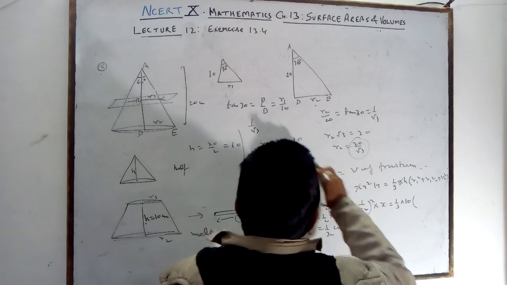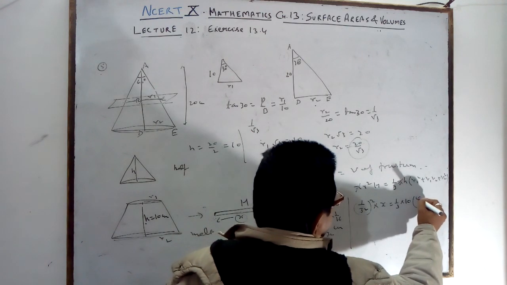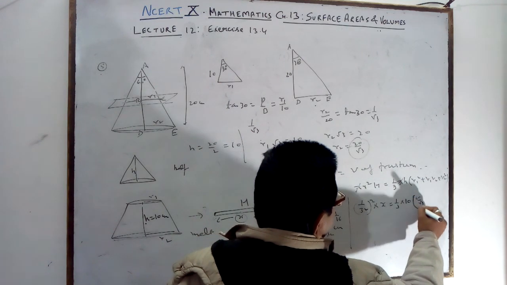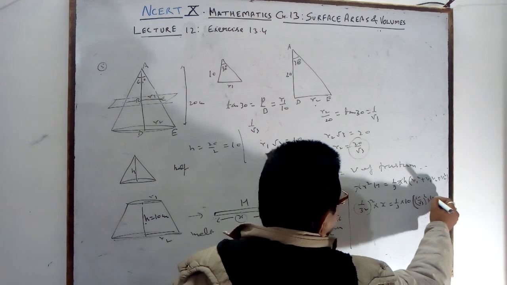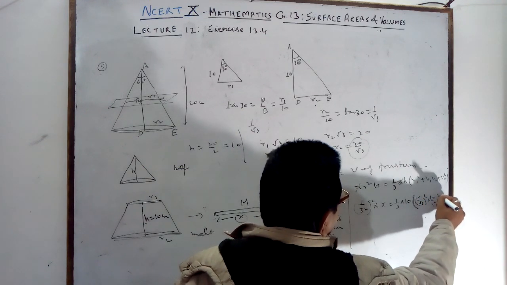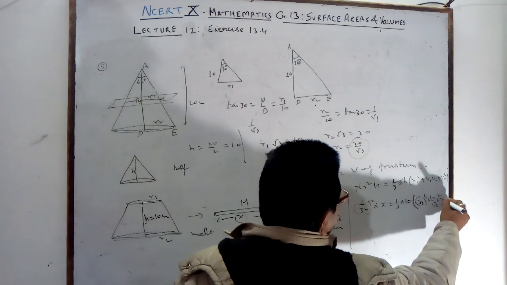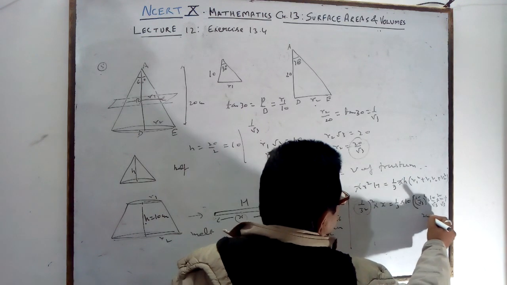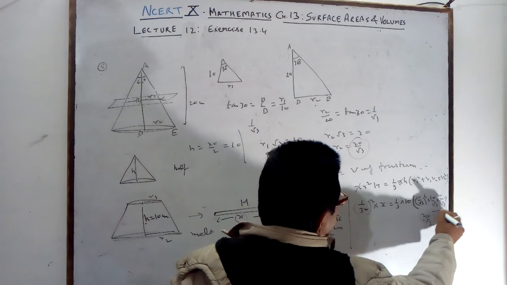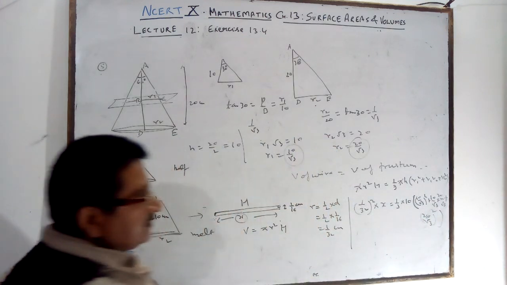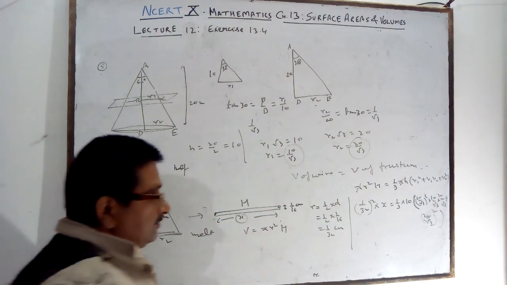What is R1? 10 upon root 3. So (10 by root 3) square plus 10 by root 3 into 20 by root 3 plus (20 by root 3) square, in bracket. Now you solve all. What will you get?